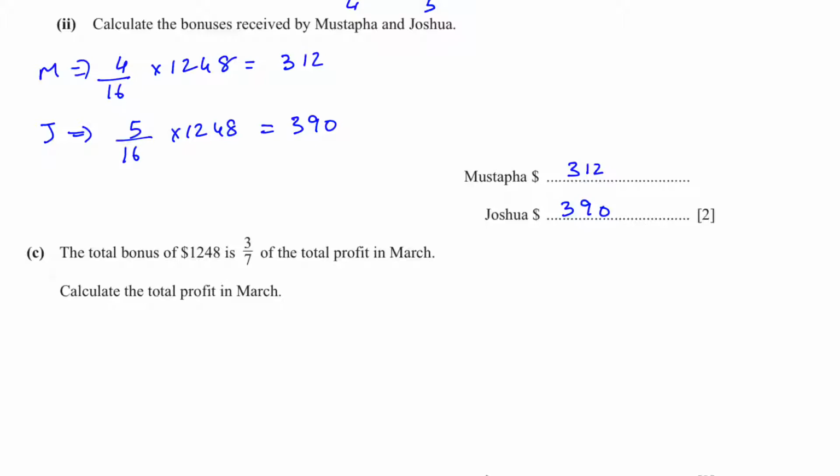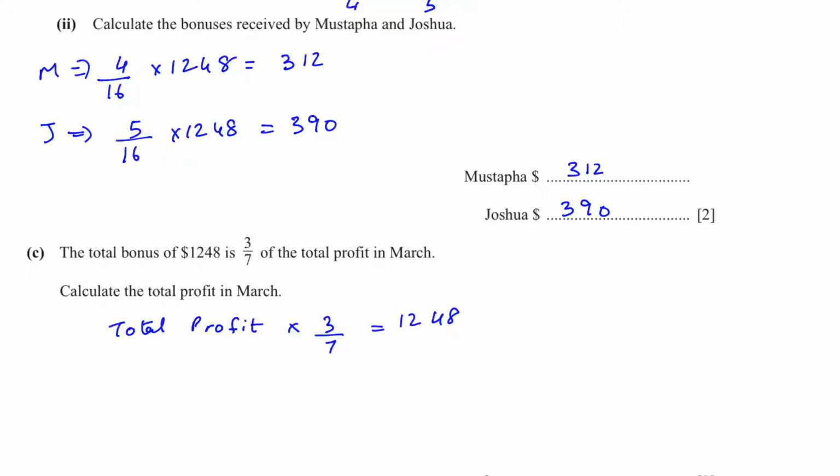Next question. The total bonus of 1,248 is 3/7 of the total profit in March. Calculate the total profit in March. We don't know what the total profit is, but 3/7 of it is 1,248.